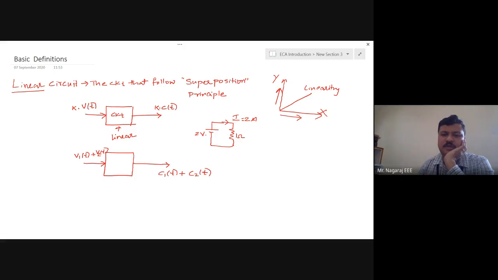So if V1 of t produces output C1 of t and V2 of t produces output C2 of t, then V1 of t plus V2 of t produces output C1 of t plus C2 of t.